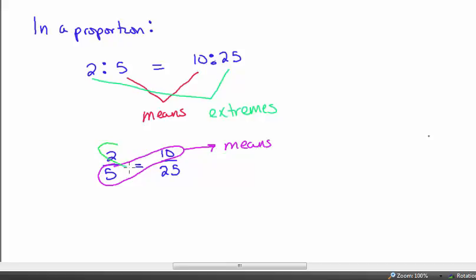And then the top of the first ratio and the bottom of the second are the extremes. Okay, so again, the extremes are the top and the bottom on the farthest sides.